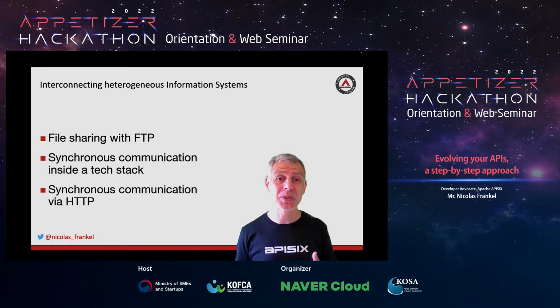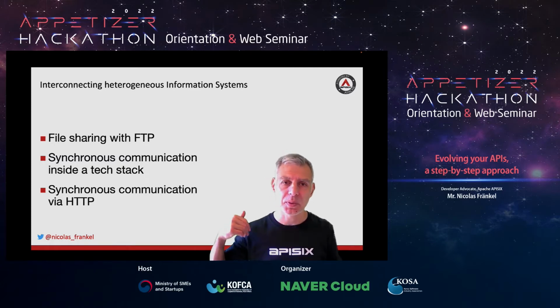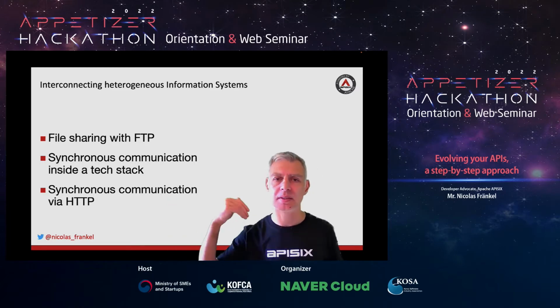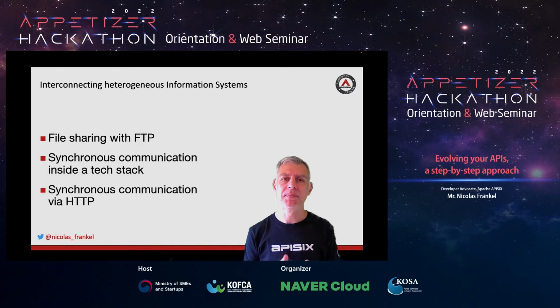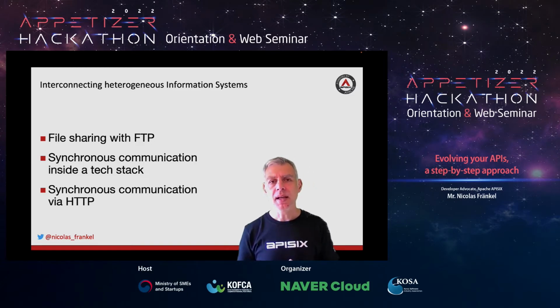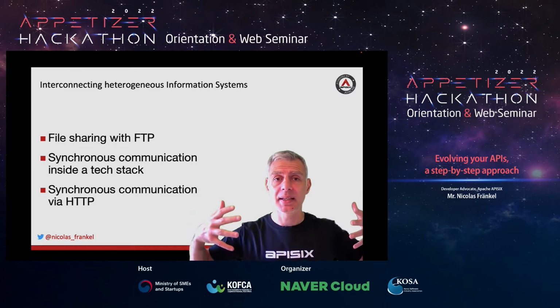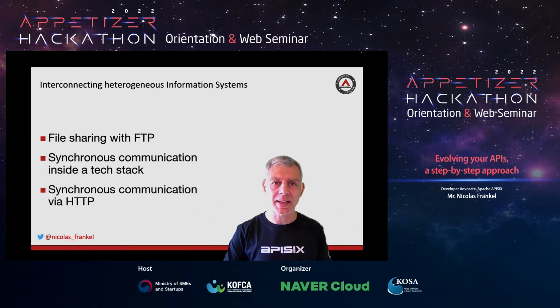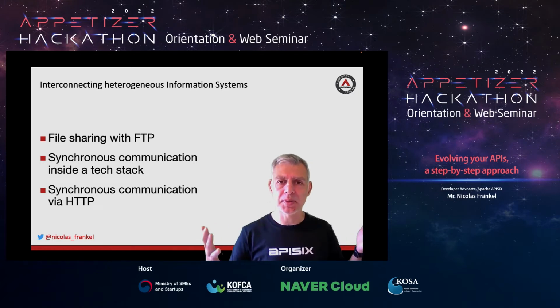But nowadays, we want more synchronous features. When we want to exchange information, we cannot wait a day. We cannot wait an hour. We need it now. And it's fine if you work in the same tech stack. So basically all legacy tech stacks have a way to communicate between themselves.